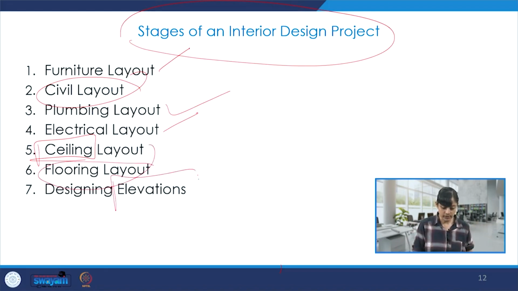And yes, the elevations. So elevation design is a very inevitable, crucial, and vibrant part of an interior design project. It communicates the designs very well. The clientele can actually read the elevations and get a perception of what a space would look like, how the four walls or the facade will look.